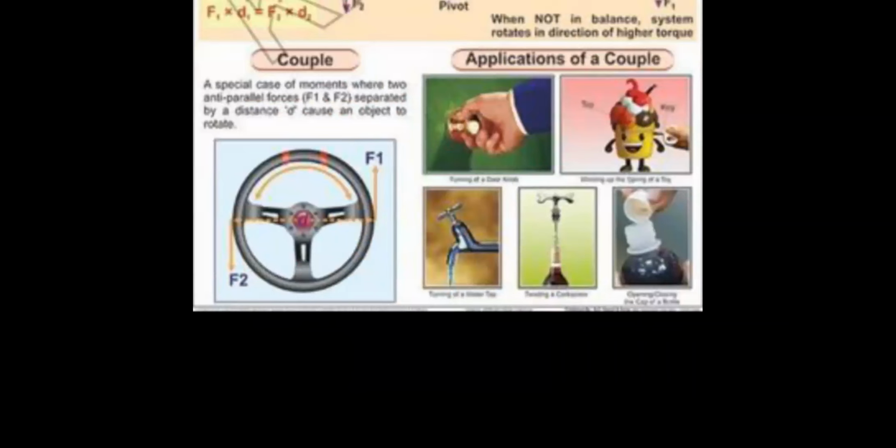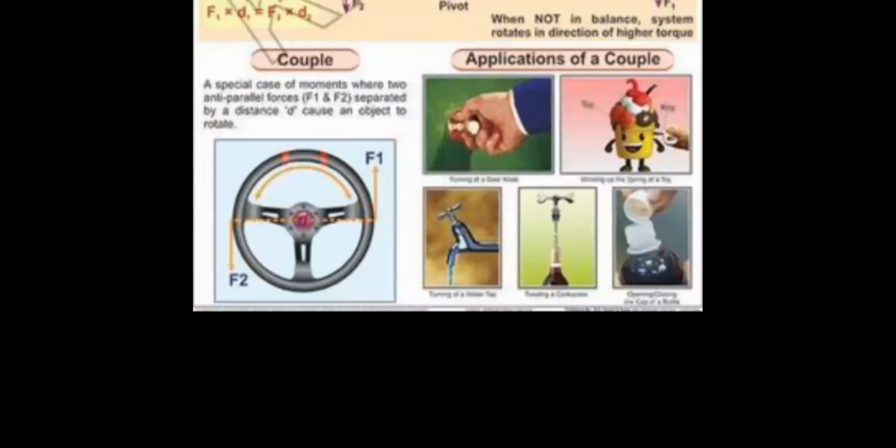Equal and opposite forces. When you're driving a car and you want the wheel to spin or rotate, even though you may not notice it, some force is there. This wheel is spinning, so one force is upwards, and on the other side it is coming down.